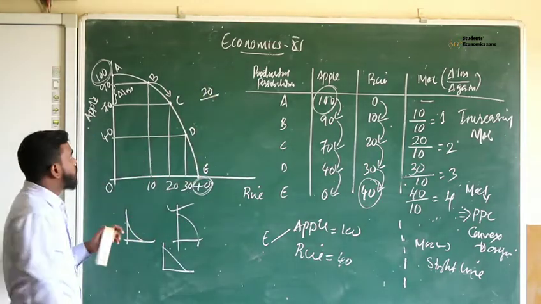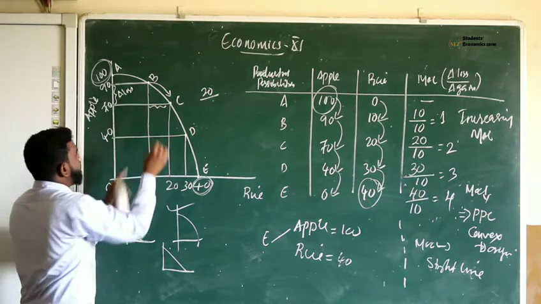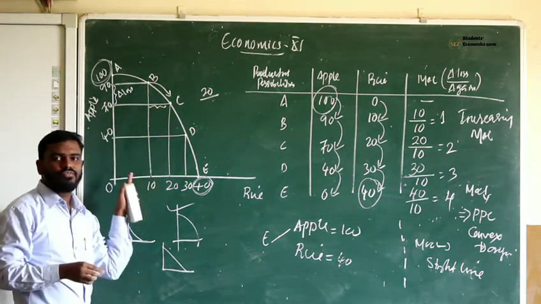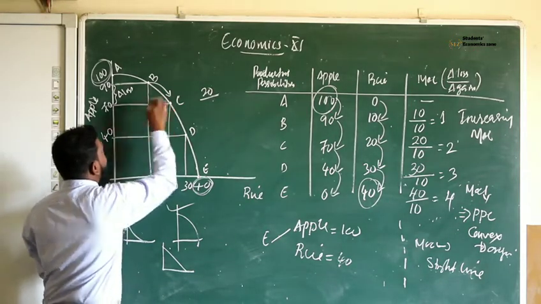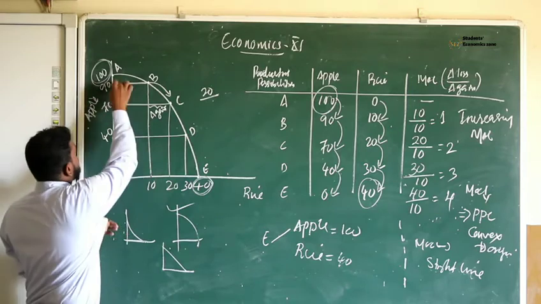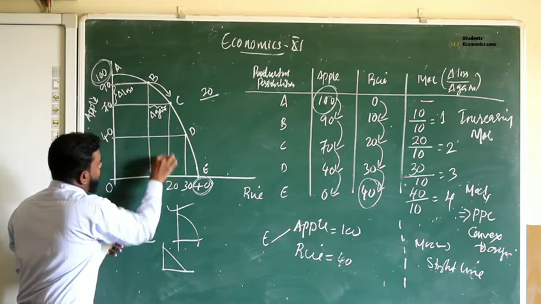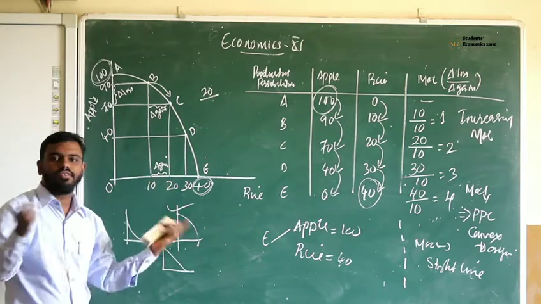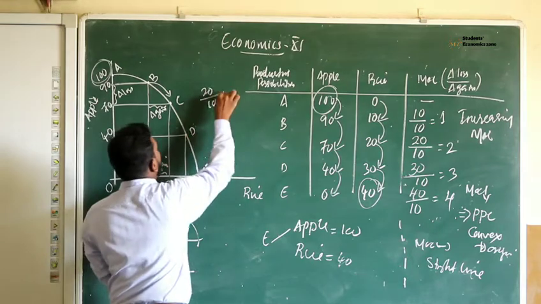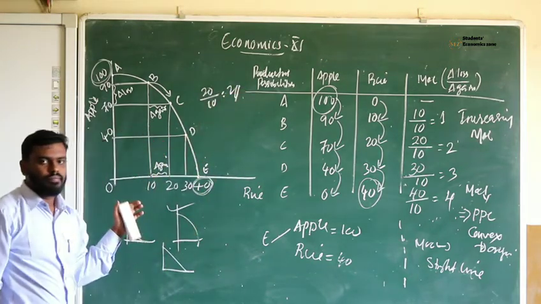Next, as a result of this delta loss, we got this much additional unit of rice. So this is known as delta gain. Delta gain is 10 became 20. What is the change? That is 20 divided by 10, that is equal to 2.